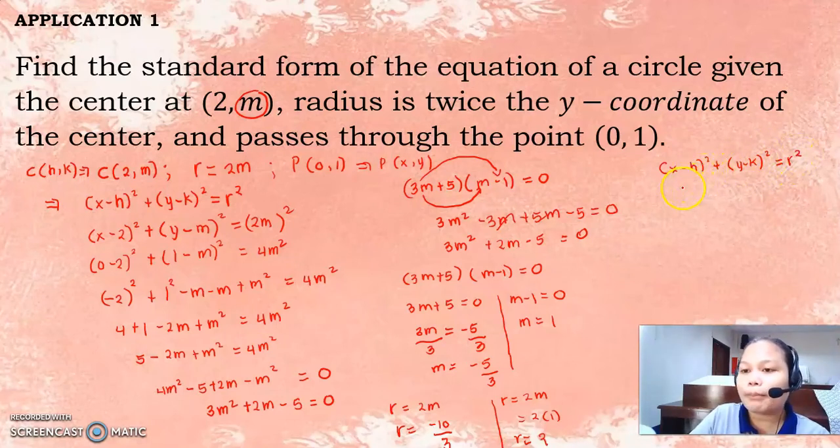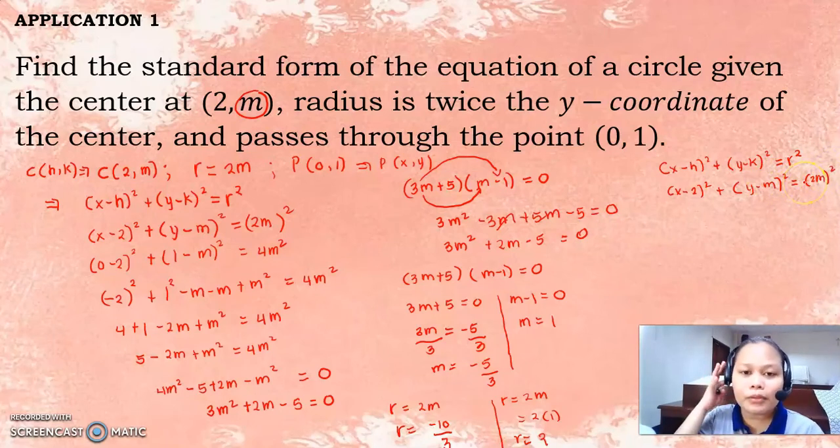So we are going to replace now the value of our h and our k. So in our previous solution here, we have within the quantity of x minus 2 squared plus within the quantity of y minus m squared is equal to 2m squared.